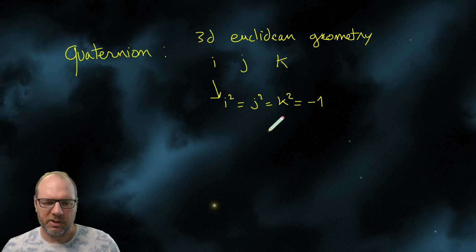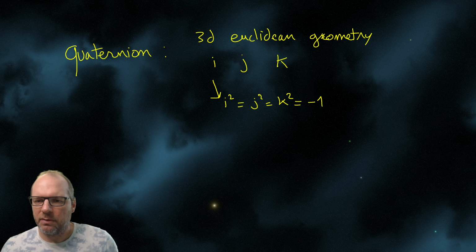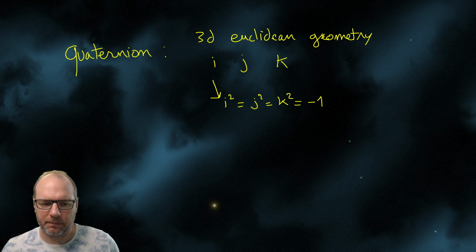So in fact, we can create a new number system by introducing a symbol with a special property. And it seems that these strange numbers are useful for geometry.